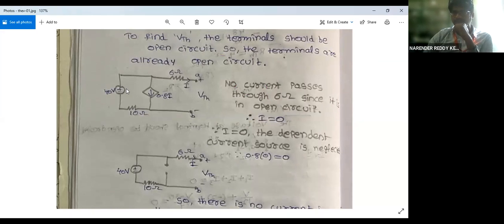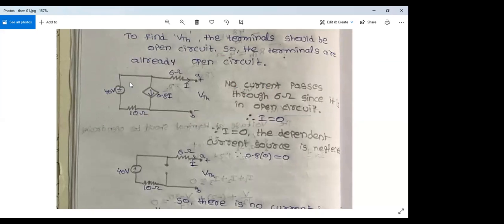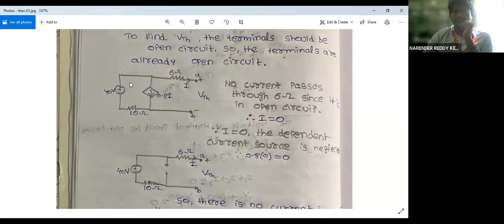The current flows only in this closed path, and there is no current that flows out of this circuit, so the current I becomes equal to zero. Now once the current becomes zero, what happens to this current source? What will be the magnitude of this current source?